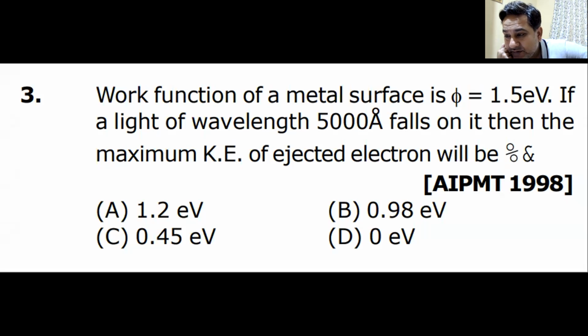What is the maximum kinetic energy of the ejected electron? After that there is some garbled text, so forget that. We will just rub it off. Call this a typing mistake.